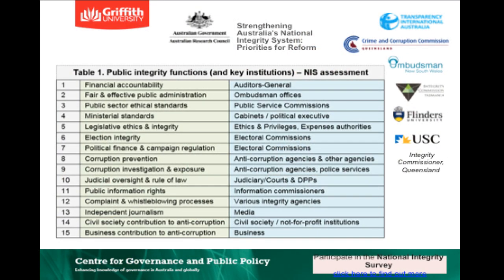Now, as part of the background, let me just explain that what I'll give you today in terms of some analysis of our federal integrity system and the options for reforming it are based on a large second integrity system assessment of Australia, which we're very privileged to lead at Griffith in partnership with other universities, the University of Sunshine Coast and Flinders University, and also with a number of partners, including Transparency International Australia, but also the Crime and Corruption Commission here in Queensland, the Tasmanian Integrity Commission, Queensland's Integrity Commissioner, and the New South Wales Ombudsman's Office.